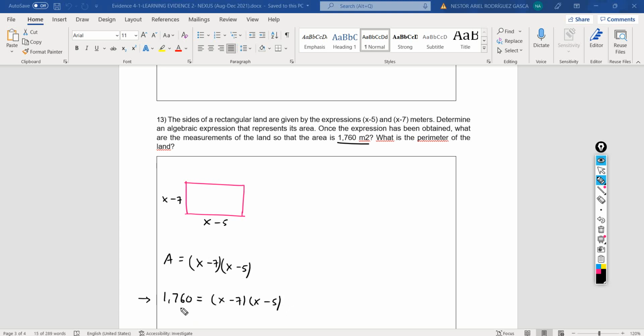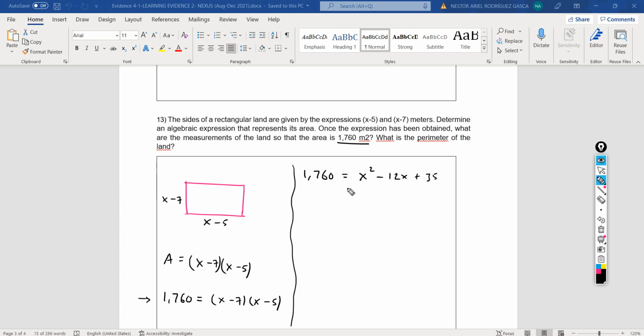Okay, and then after this, if we continue on the right side, after you multiply these two binomials, you're gonna be getting a quadratic equation, right? x squared, and then we'll have minus 12x plus 35. Okay, this is a quadratic equation.